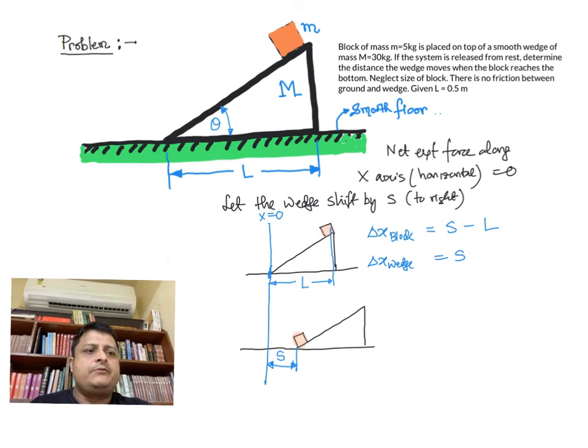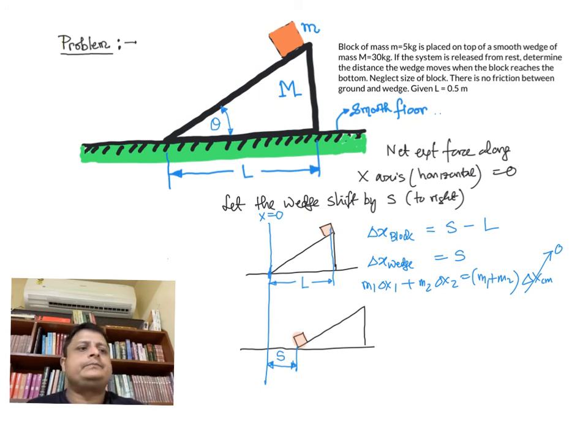Now simply we can do that, right? That formula, m1 delta x1 plus m2 delta x2 is m1 plus m2 times delta xcm, and here again delta xcm will be equal to 0.